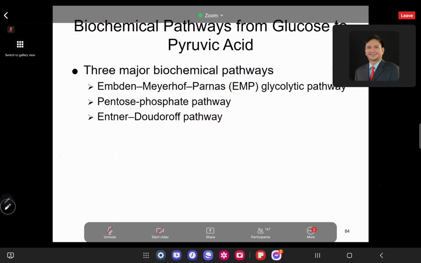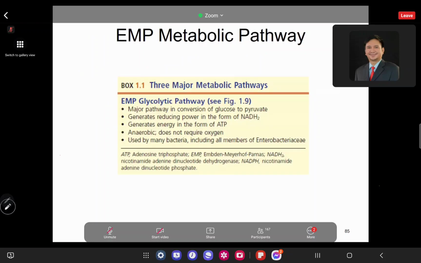While your Entner-Doudoroff pathway is an alternative pathway primarily observed in certain bacteria. Each of these pathways plays a critical role in cellular metabolism and energy production.